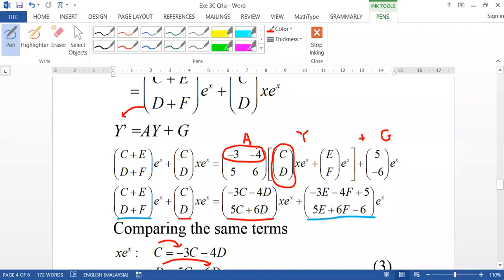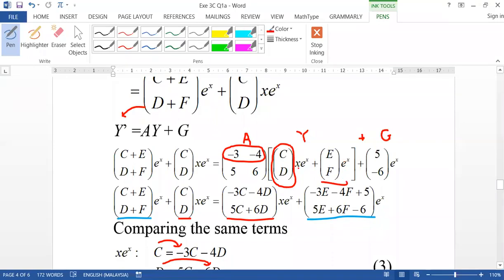Again, this is matrix A. Y now is c dx exponent x plus ef exponent x plus the g, which is 5, negative 6, exponent x. Again, the difference from just now is that in y you have the x exponent x term plus the exponent x term only.